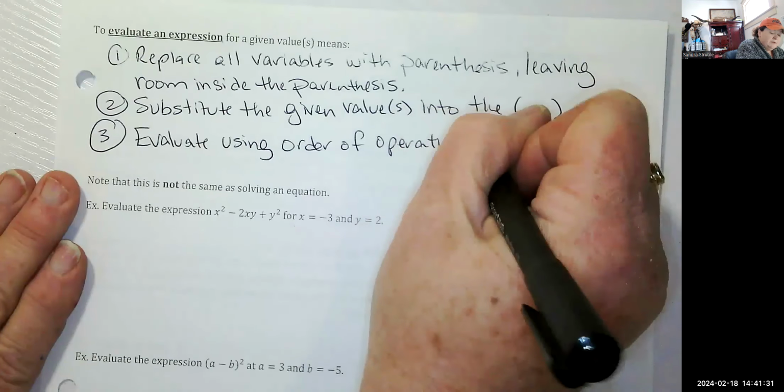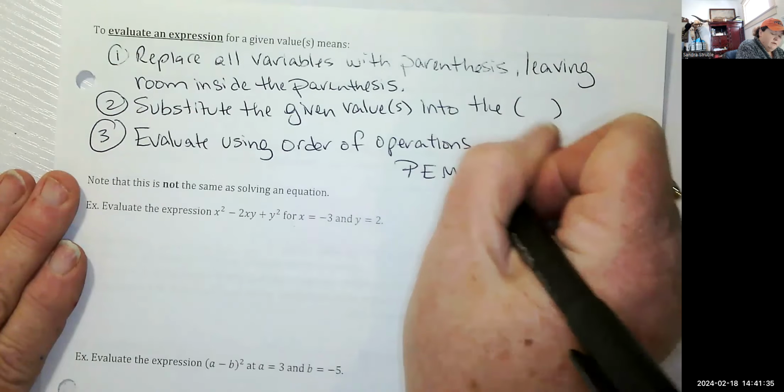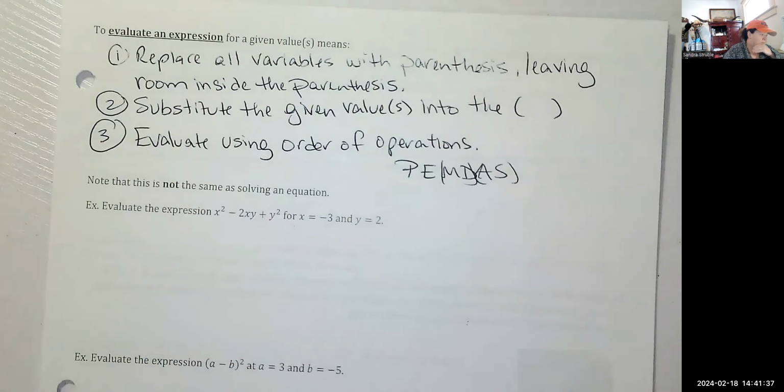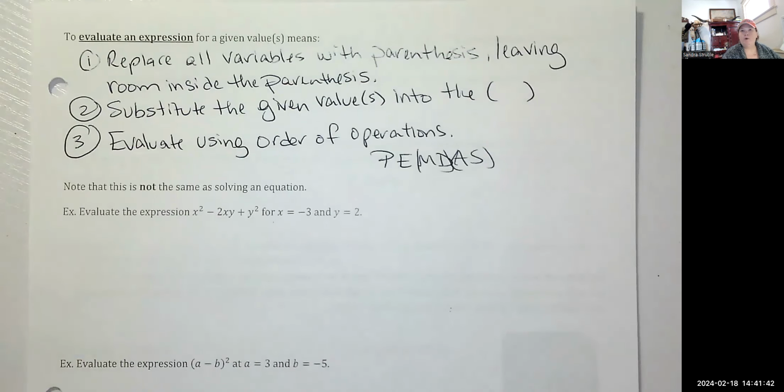And remember, that's PEMDAS. All right. So note that this is not the same as solving an equation. We're going to evaluate the expression, so we're not solving for anything. We're going to replace the variables with parentheses, leave them blank. Then we're going to fill them in.